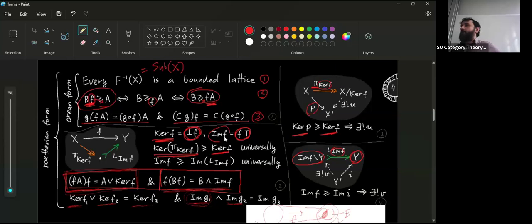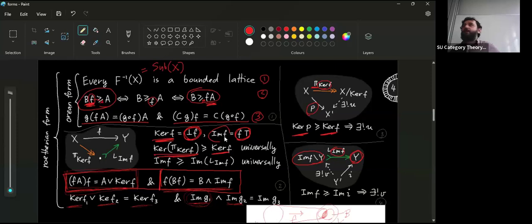The snake lemma, the 3x3 lemma, the 5 lemma, all of these things. And many other variations of them. For instance, there's something called the butterfly lemma, which is used to prove the Jordan-Holder theorem.